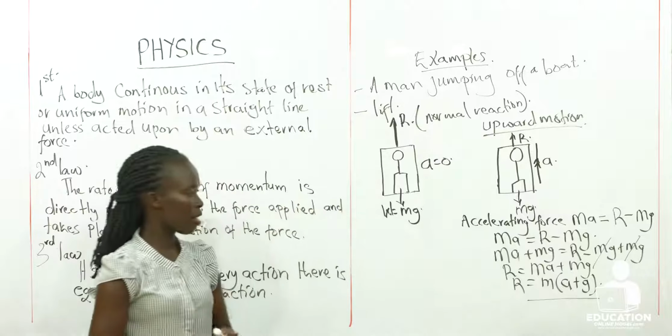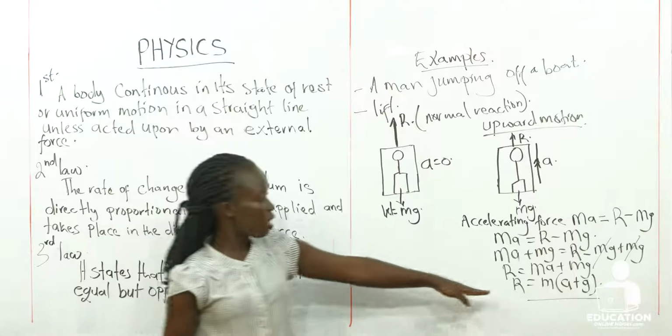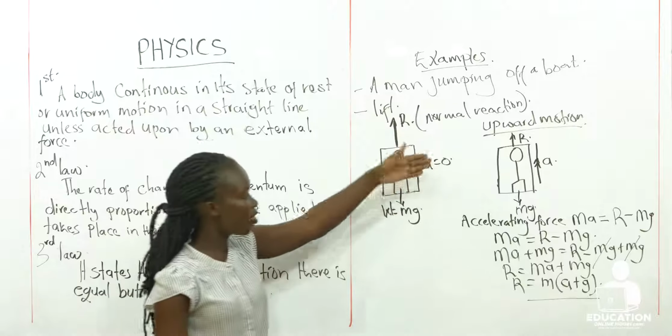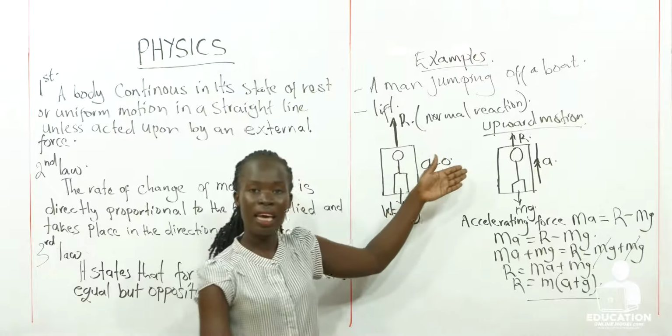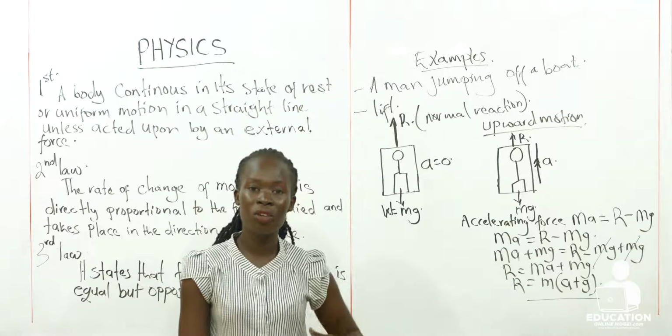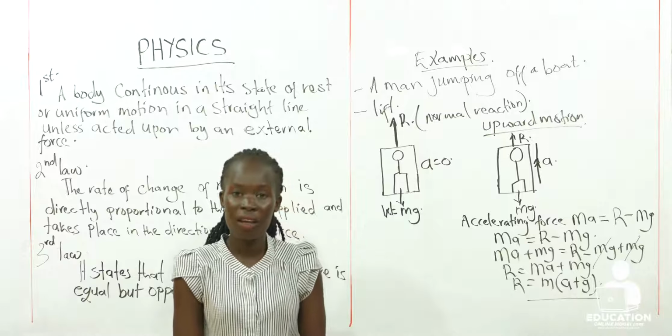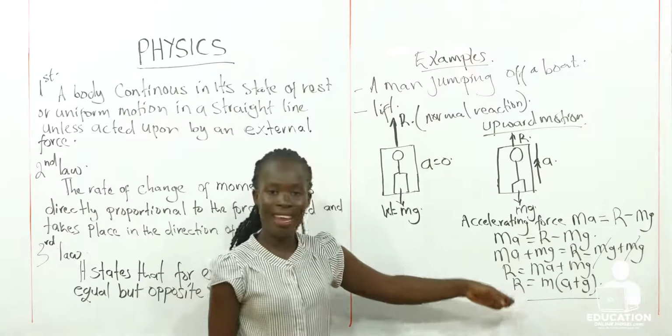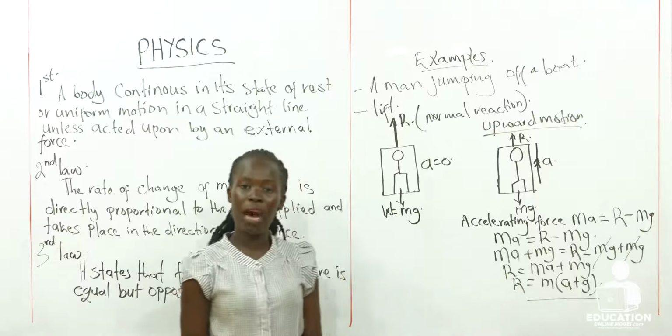Now take a look at that. You see that when the lift is moving upwards, the reaction it is providing is going to be greater than the weight you are actually exerting on the lift. So if your weight is less than the normal reaction, what happens?